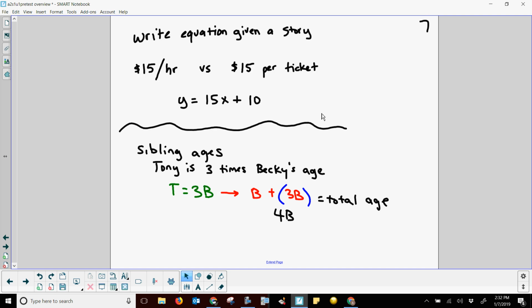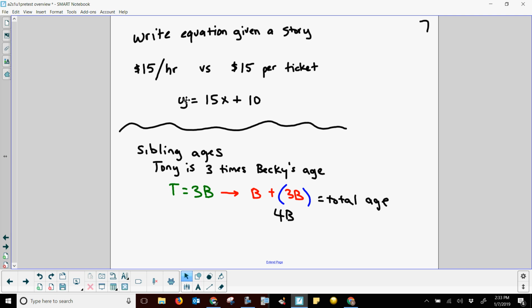Concept 7, write an equation given a story. You just have to understand $15 per hour and $15 per ticket. Well, which one do I really need? Which one is the 15x? It depends on the situation. Perhaps y needs to be the total cost of people getting into a theme park, and it's $15 per ticket plus $10 parking or something like that.